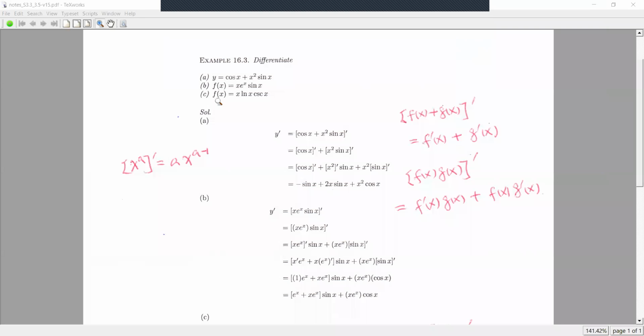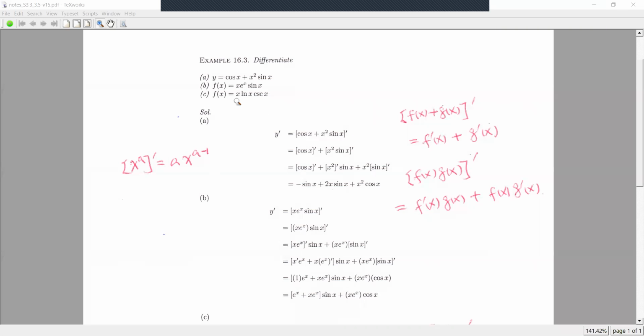Part C. The function in part C is a product of three functions. Function x times function natural log of x times cosecant x. To compute the derivative of this function, we need to apply the product rule twice. This is one solution.